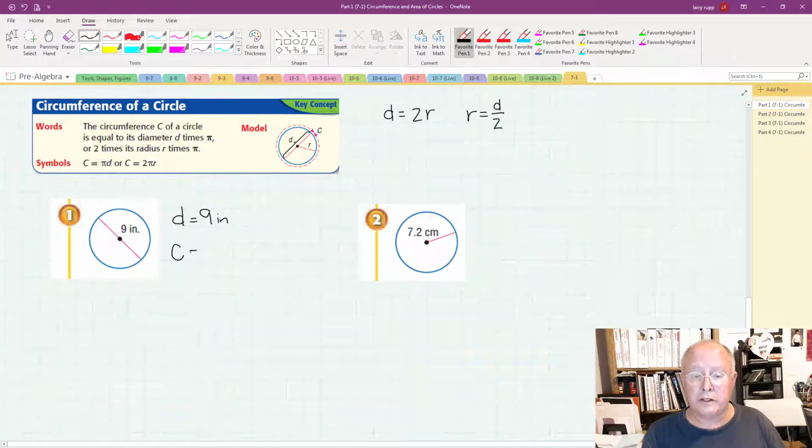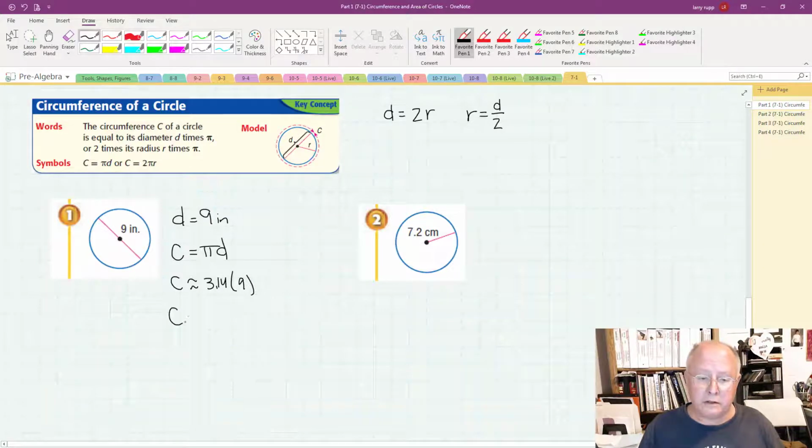Circumference is capital C. Okay, and from our set of formulas up here, since we have the diameter, then we can say that it's equal to pi d. So C is approximately equal to 3.14 times 9.